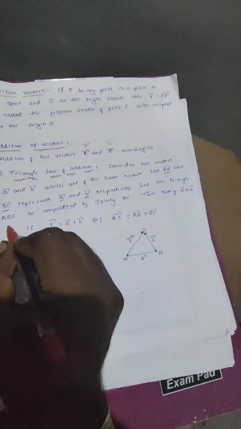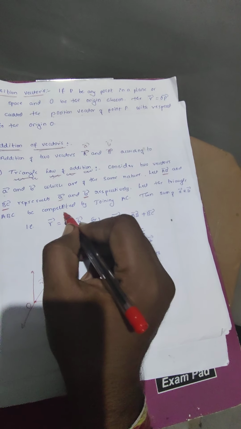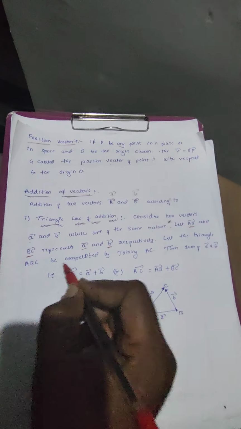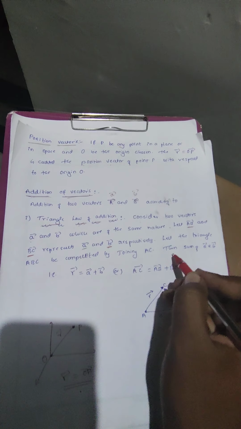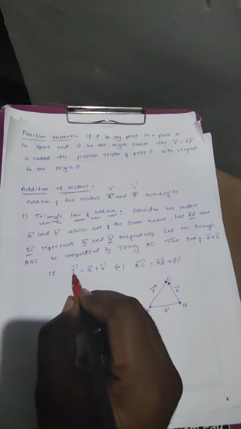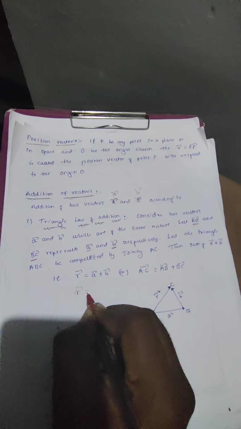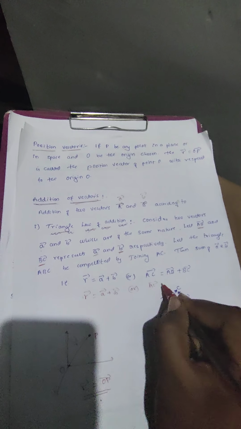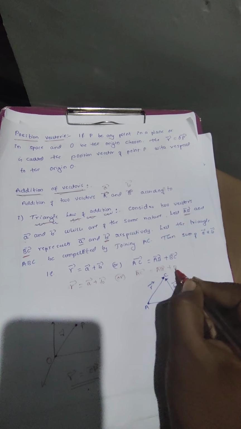Let the triangle ABC be completed by joining AC. Then the sum of vector A and vector B is the resultant vector R equal to vector A plus vector B, or magnitude AC is equal to magnitude AB plus magnitude BC.